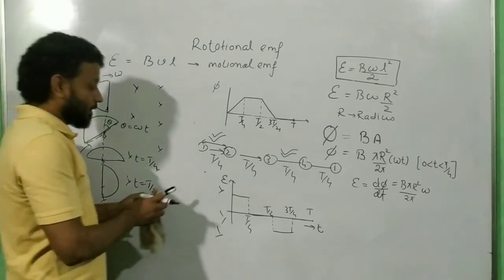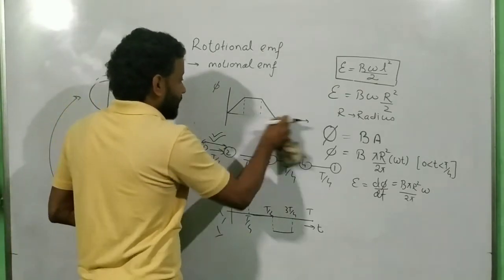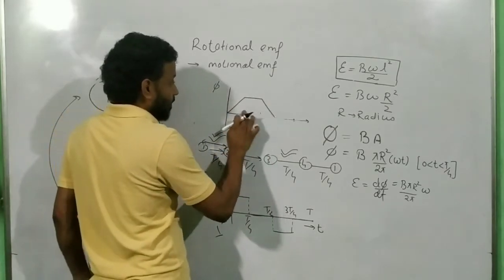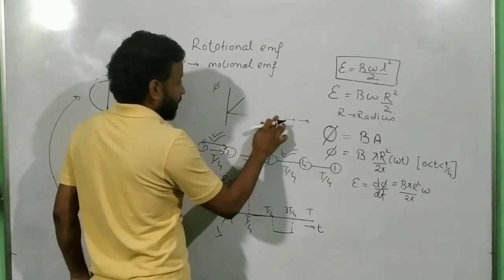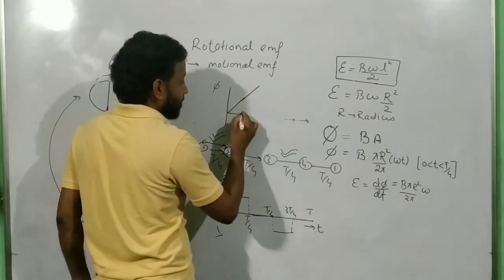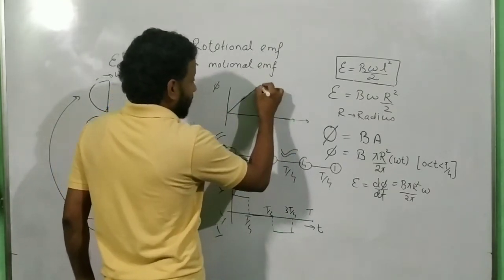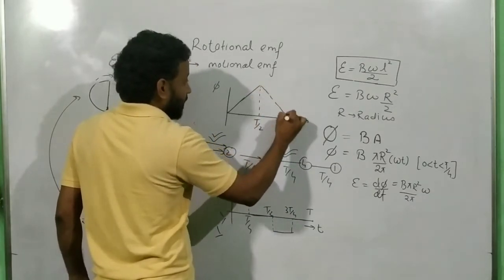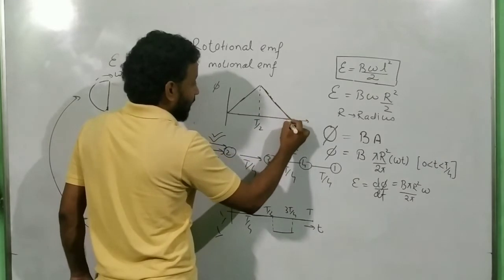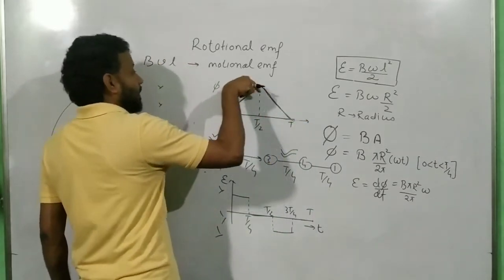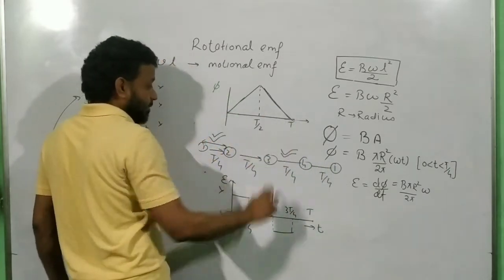What we have to think here is that since the area has also become doubled, it will increase for a larger time. And this is your T by 2, and then it starts decreasing, and this is your T. It attains the peak and then comes down.